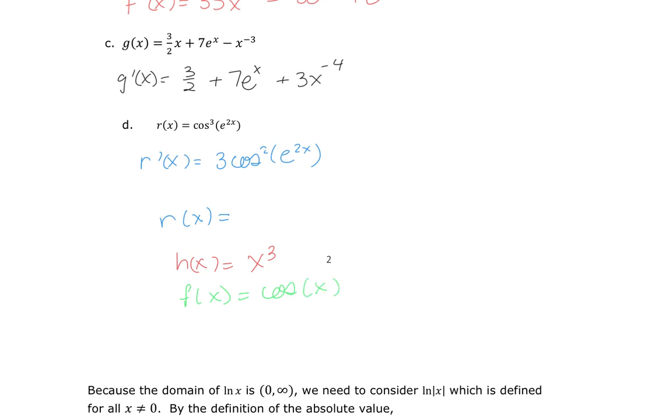My next function in would be g of x, which would be e to the x. And then my most inner function, which I'll call m of x, would be equal to 2x.